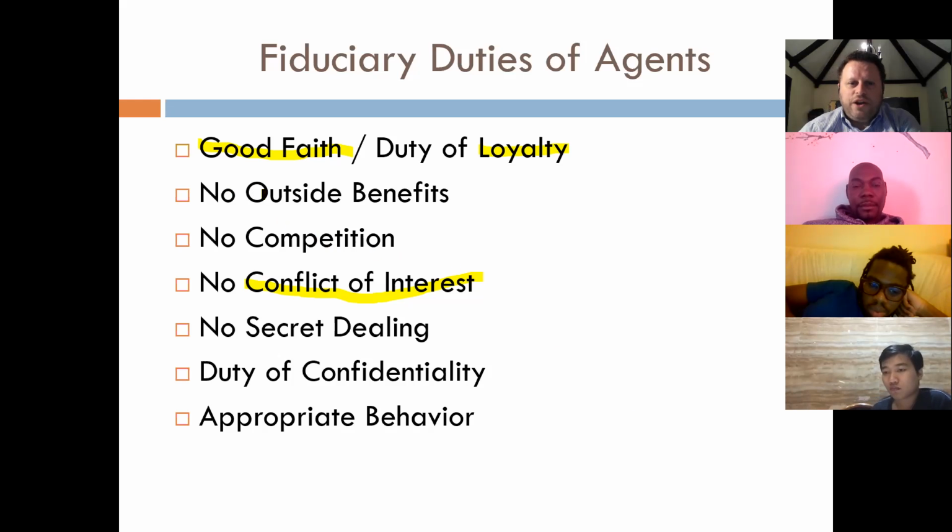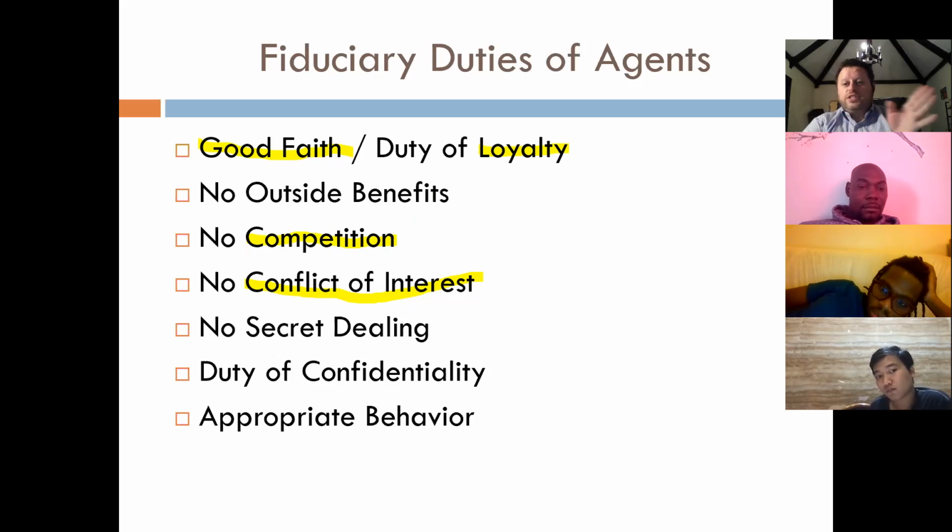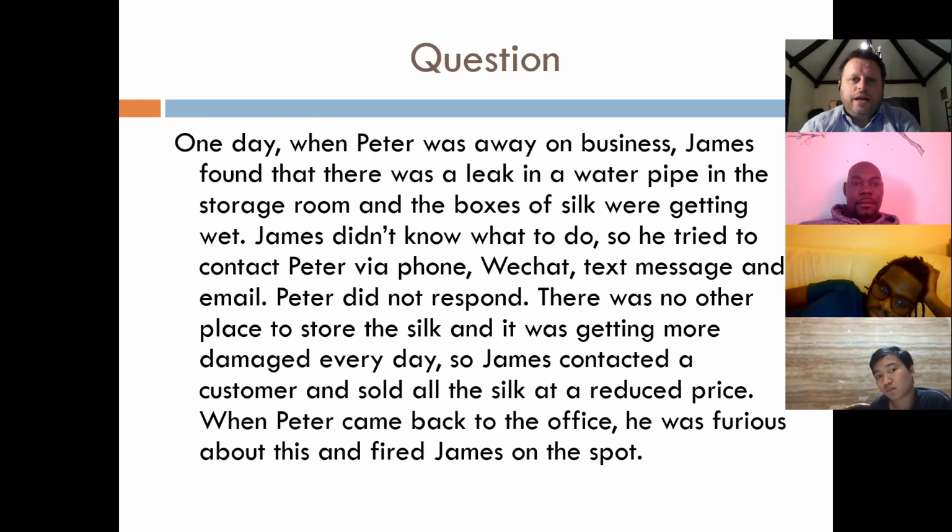Is there an outside benefit? No, he's not getting a gift. Competition? Yes. He is directly competing with Peter. Peter's selling the silk, and now he is selling the same silk. That's a problem. So he's breaking some duties there. Let's go back to the question.